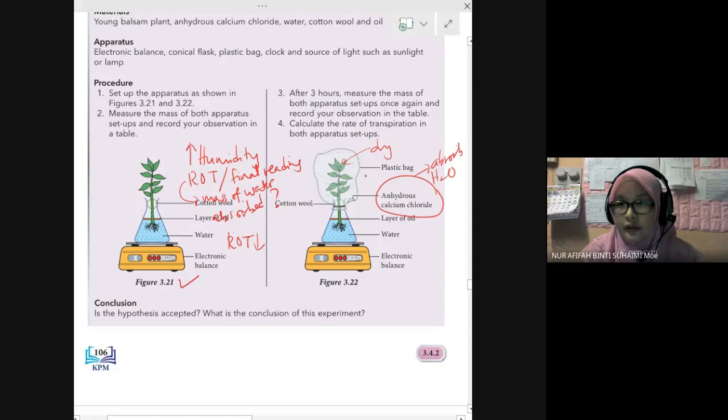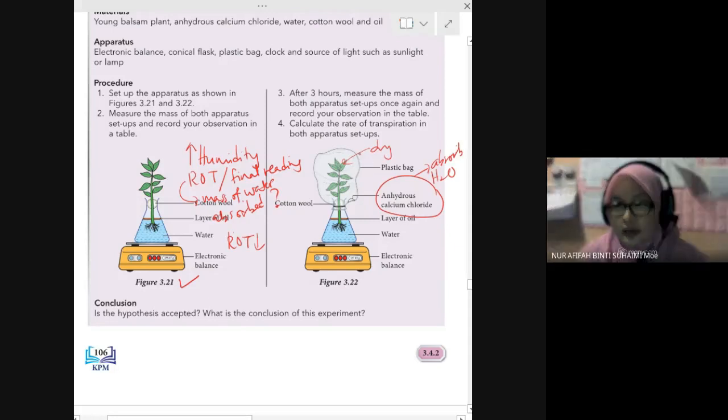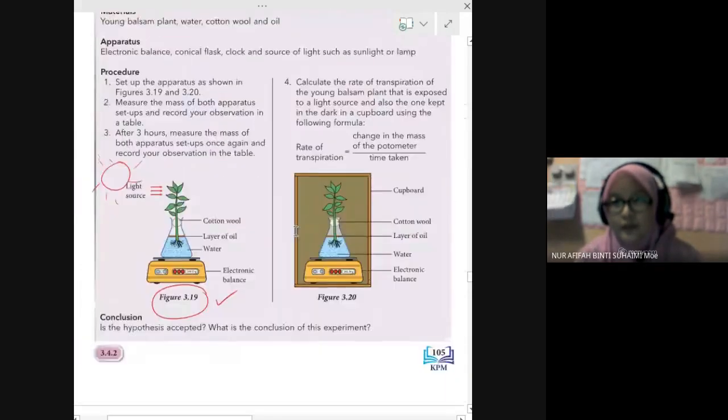Compared to this one, its situation is dry, so it needs more water. Very thirsty, like you are on the field. So the loss of water here is more, so the rate of transpiration increases. Rate of transpiration increases when humidity decreases. Humidity decrease, rate of transpiration increase.